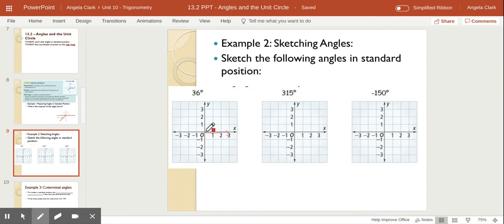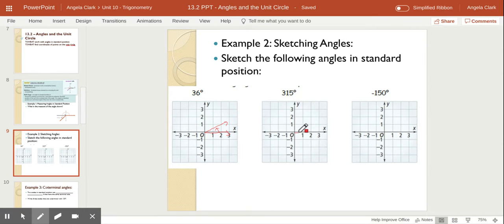So it doesn't need to be super accurate, just kind of right in between there. And then you have your little angle marker. And it'd be nice if that was a little bit curved. Kind of hard to do in such a small angle, but there you go. So that's a 36-degree angle.